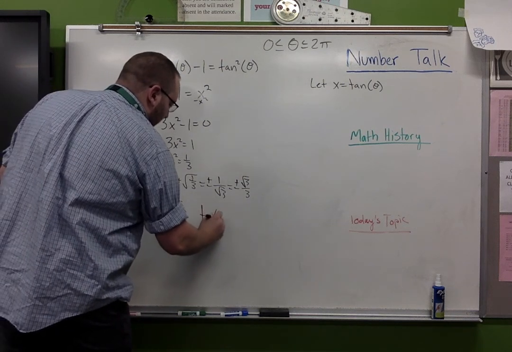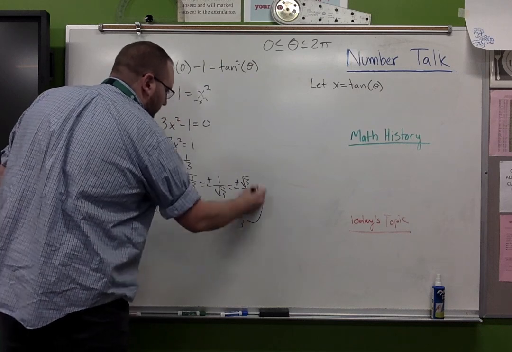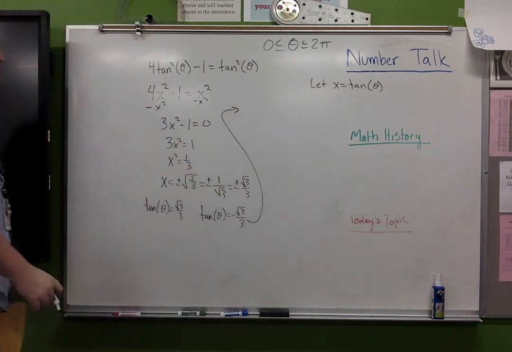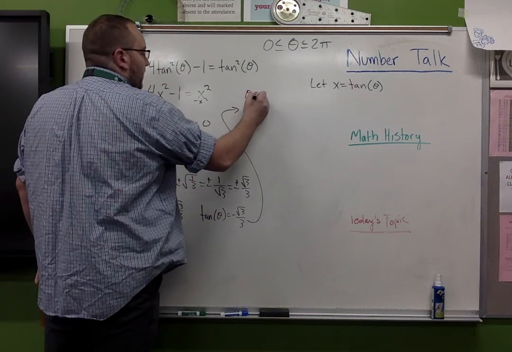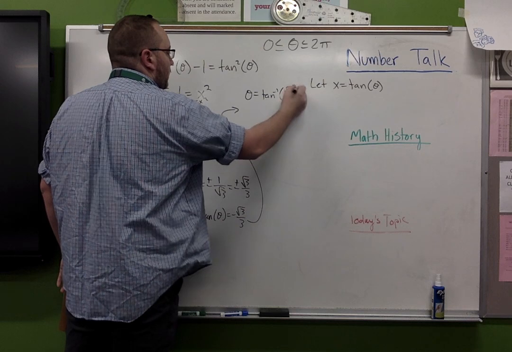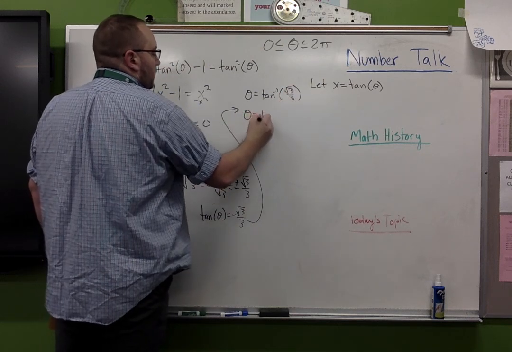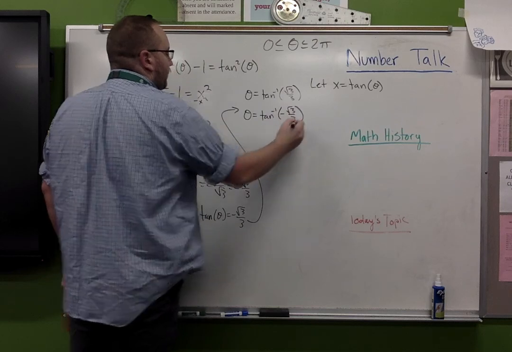And tangent of theta equals negative square root of 3 over 3. Take the inverse both sides. Theta equals tangent inverse of square root of 3 over 3. And theta equals tangent inverse of negative square root of 3 over 3.